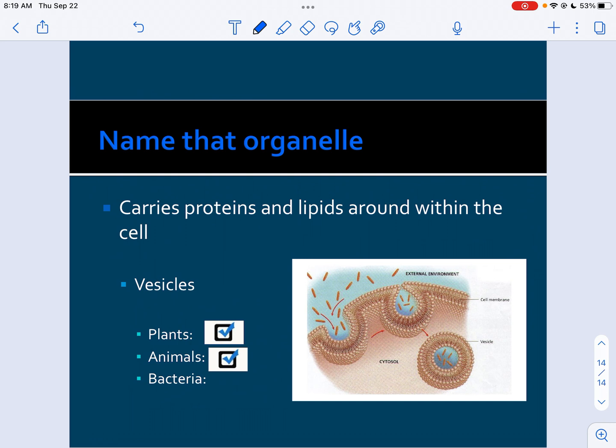If you look really close at this picture, do you see our cell membrane? What did I call that? It was a really fancy term. Phospholipid bilayer. So what is the phospho part? Phosphorus.